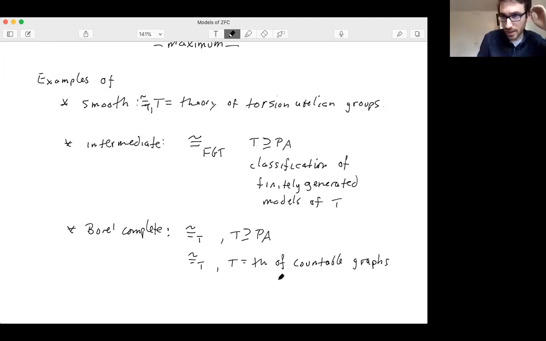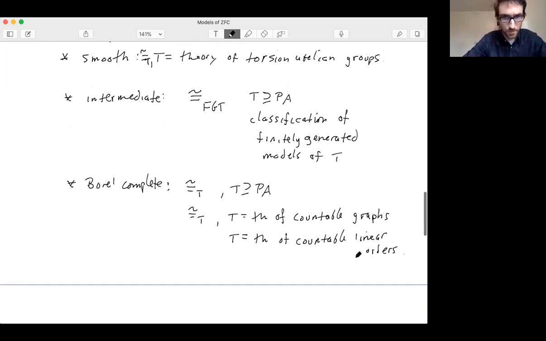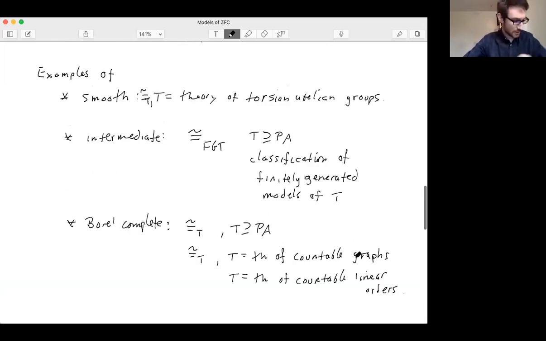Countable, even countable connected graphs, or T equals the theory of countable linear orders. Just arbitrary countable linear orders is as complex as possible. So that's the framework of classification. Any questions here? Haven't monitored the chat properly, but it's empty.